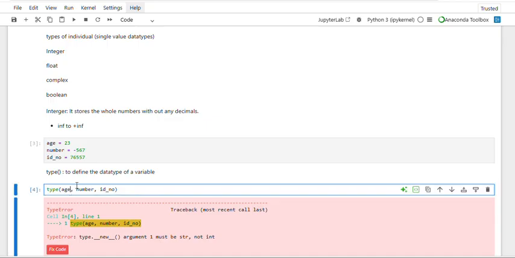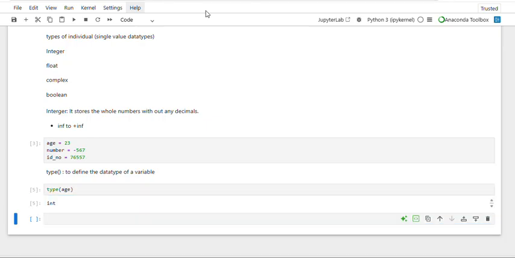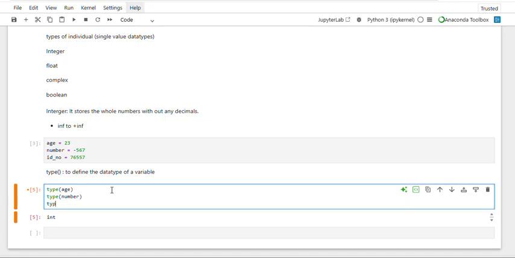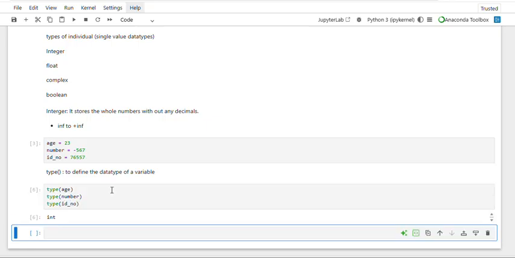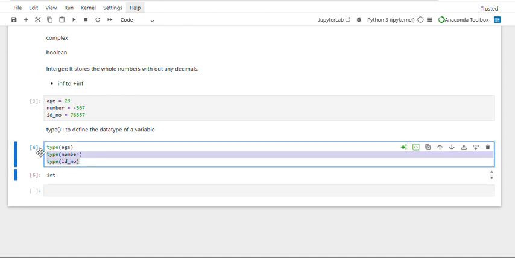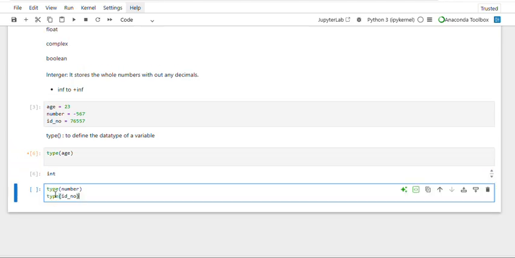You will get an error. Type of age, then type of number, third one is type of id number. You can see all these come under integers itself. Now if I want to print one by one, you can print.